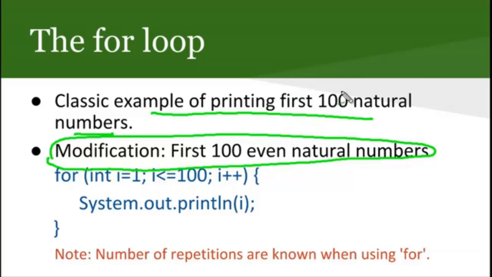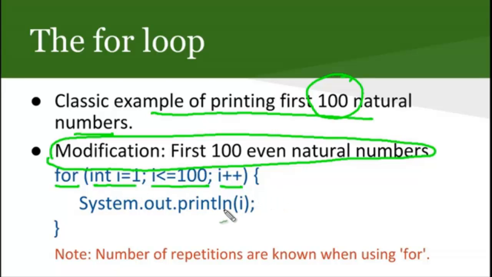We already know that a certain thing has to be done 100 times. A value has to be printed 100 times, and each time the value has to be incremented. So this is a very simple example. You start the for loop, declare int i = 1, i <= 100 is your condition, and i++.